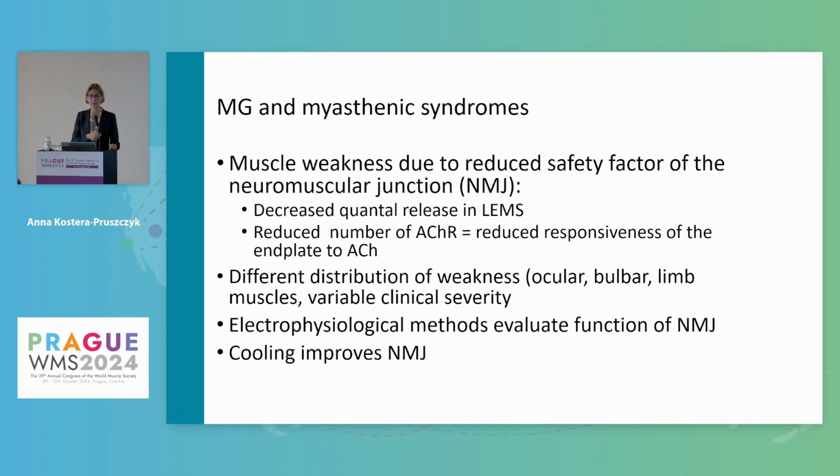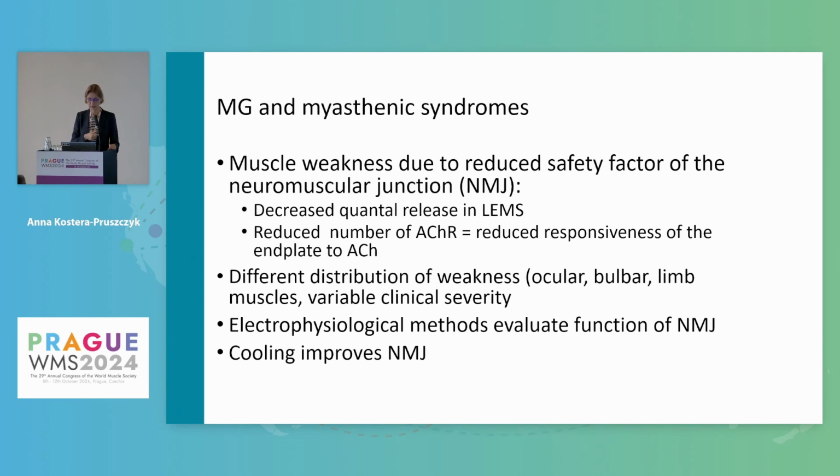And of course, different distribution of weakness will also have some influence on the choice of the nerves and muscles to be tested, as not only clinically but also neurophysiologically, the neuromuscular junction abnormalities have some, let's say, predilection. It's easier to demonstrate abnormality in the clinically symptomatic or clinically weak muscle.